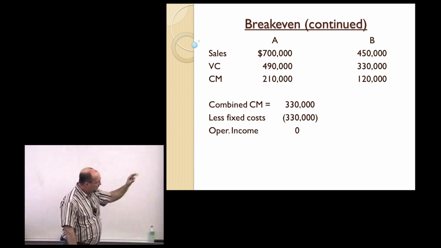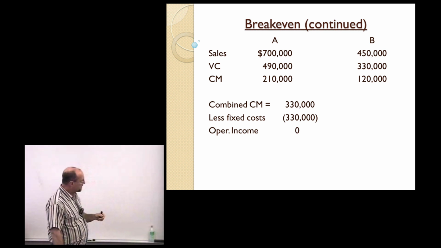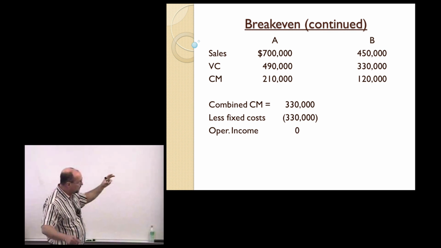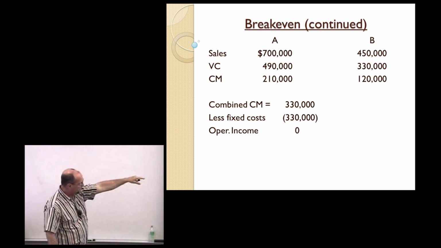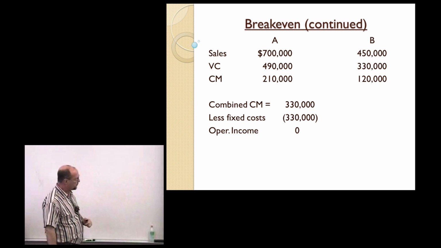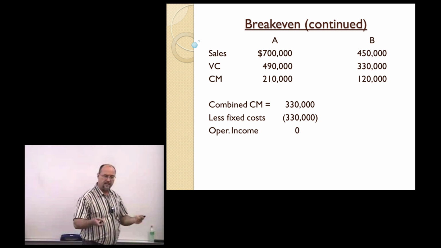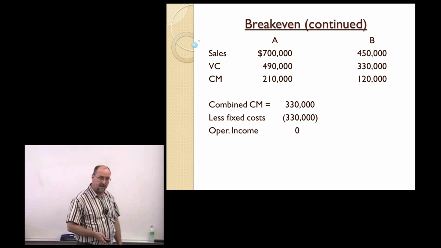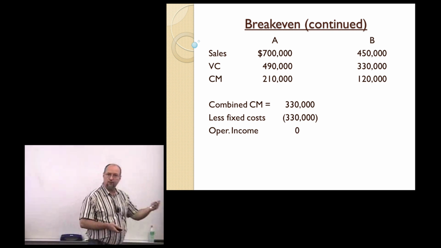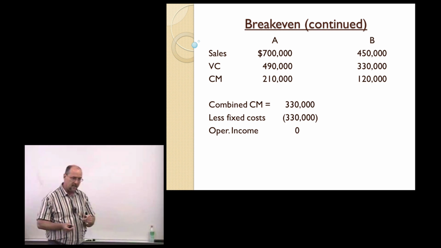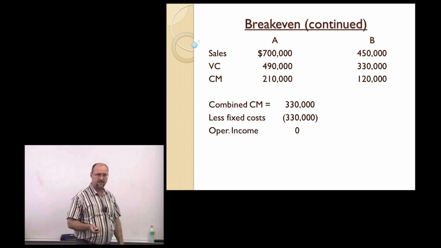You will see that the contribution margin in total for the 2 products, 210 plus 120, gives you a combined contribution margin of 330. There's our fixed cost, 330. We did in fact break even. So it's useful even when you have 2, 3, 4, 5 products, providing you have a reliable sales mix.